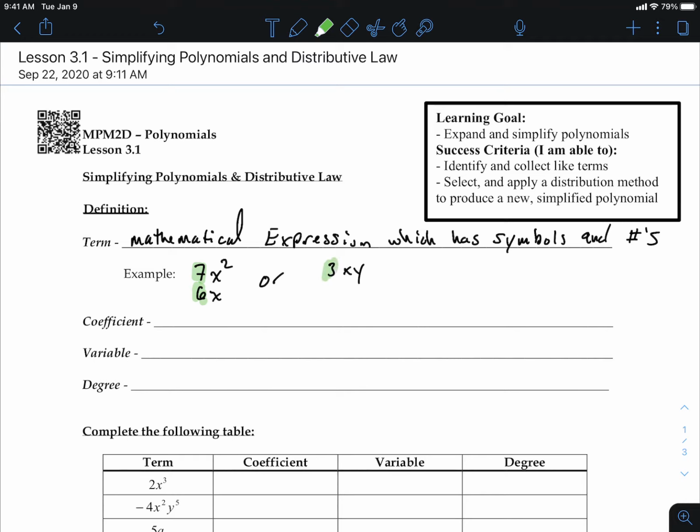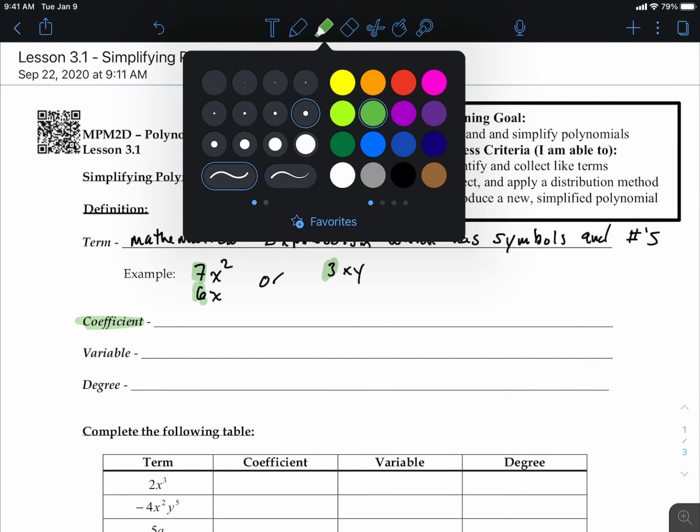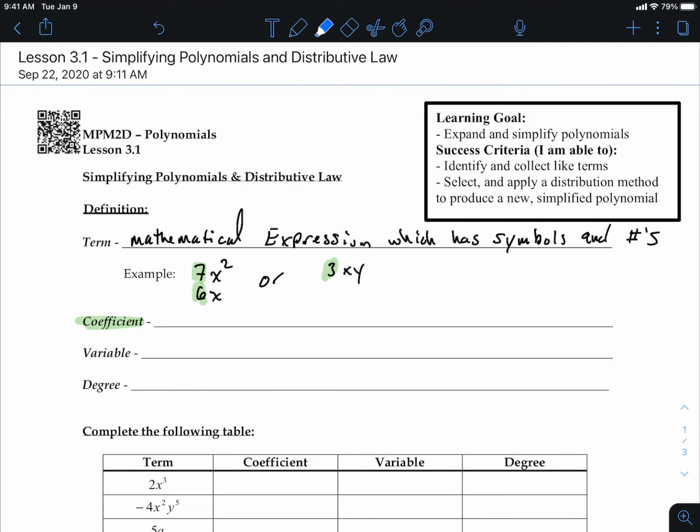We've discussed coefficients already in the linear stuff. Variables are the letters. So we'll just define these now. The coefficient is the numerical part of the term.